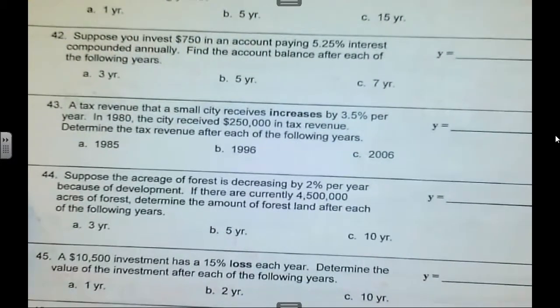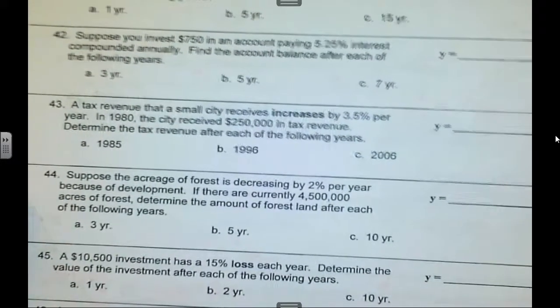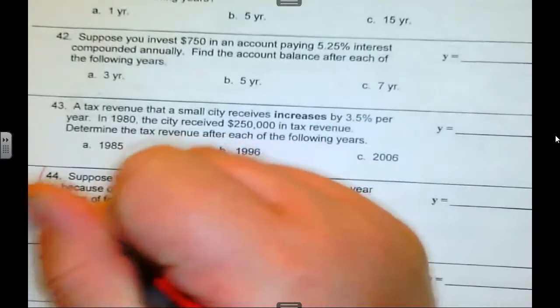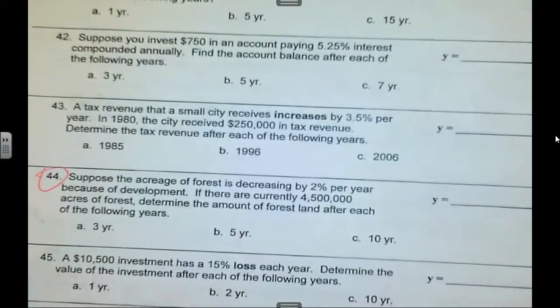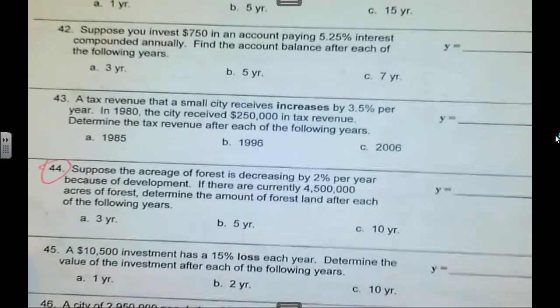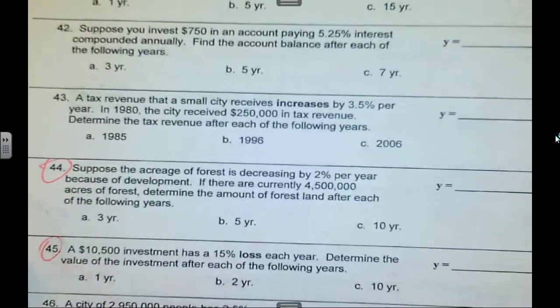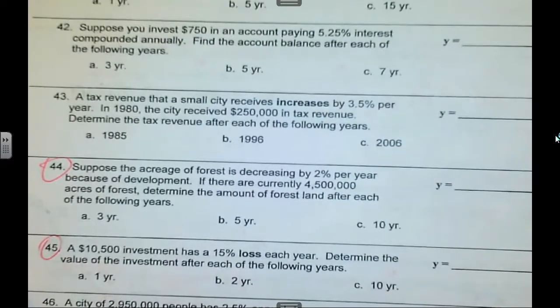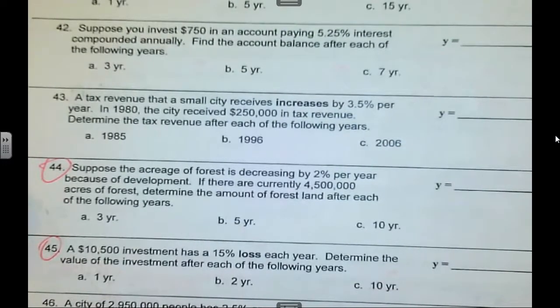Let's just pick some here. Let's do a couple of number 44, 45. You should do one more decrease.